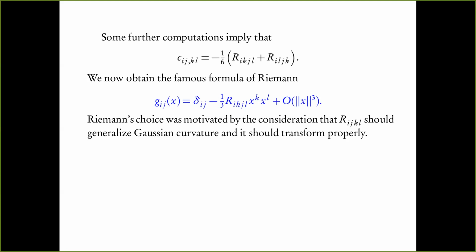It transforms as a tensor, and it has to agree with the Gaussian curvature when I restrict to the case of surfaces, and hence this choice. Because as we saw, Rij if normalized is the Gaussian curvature. Okay. So any questions? We'll do one last example and then we'll stop.